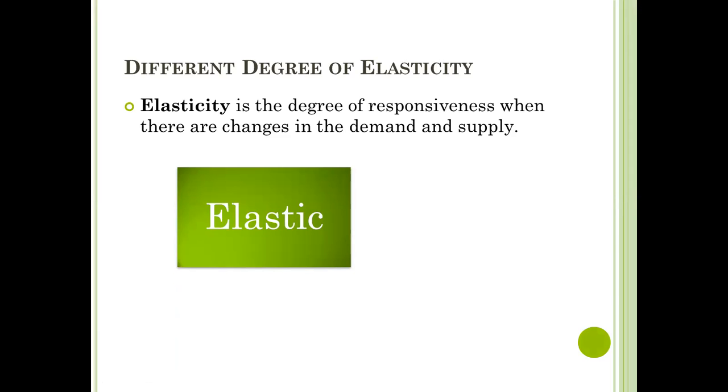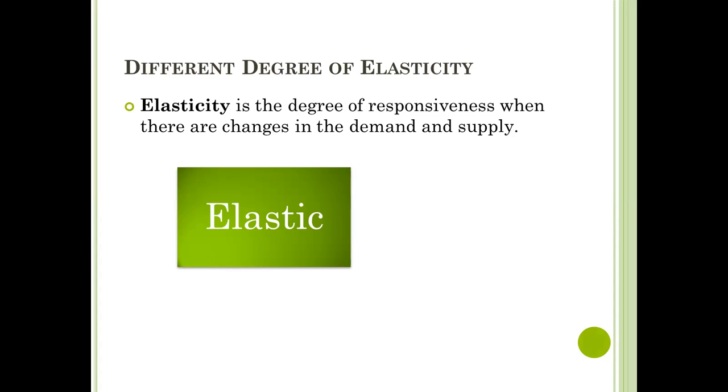So the demand or supply is elastic. In mathematical equation, it is always greater than 1. Also, perfectly elastic demand or supply occurs when there is infinite change in quantity demanded or quantity supplied.